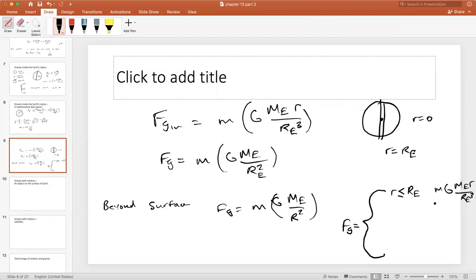When r is equal to r_e, we get G m M_e over r of the earth squared. And when r is greater than r of the earth, we get G m mass of the earth over r squared. Okay, that's pretty fun.